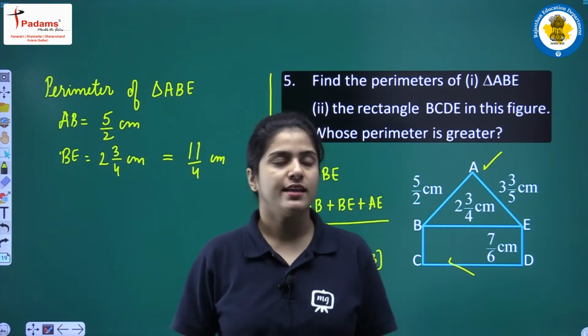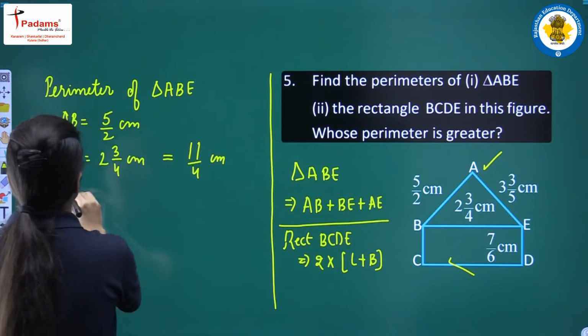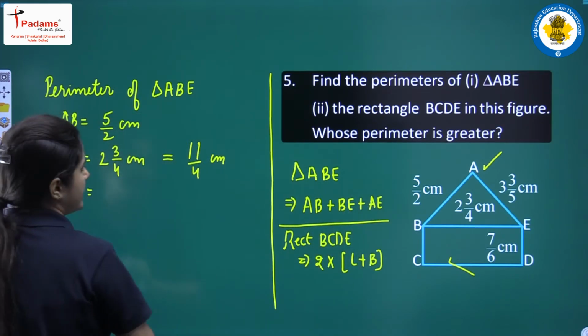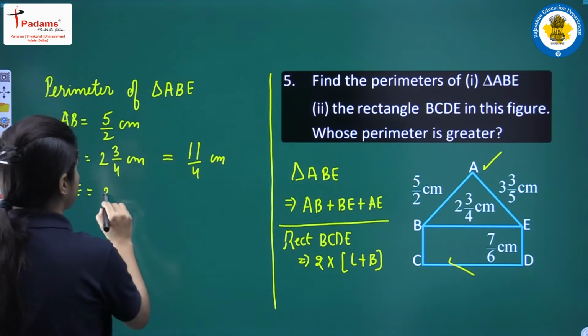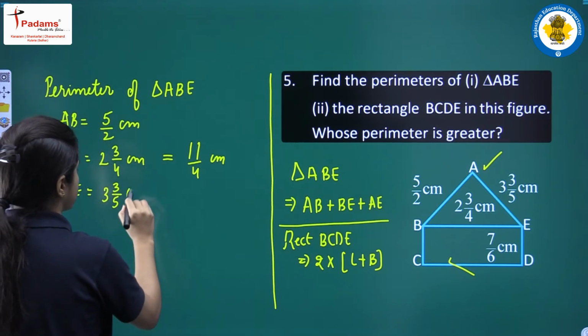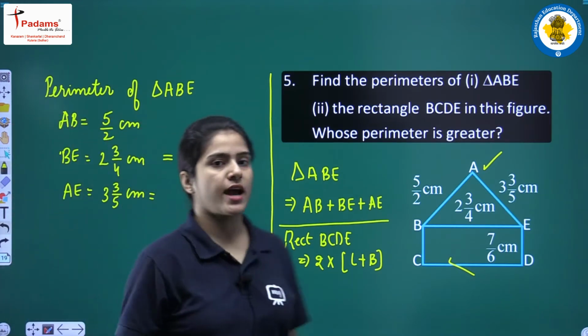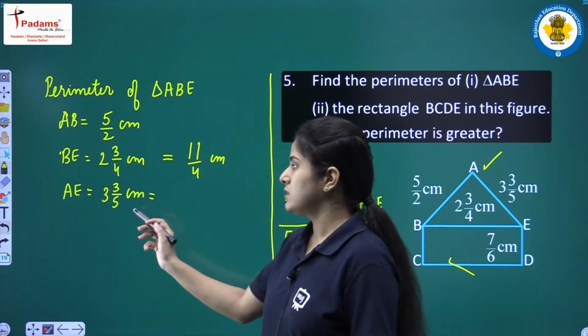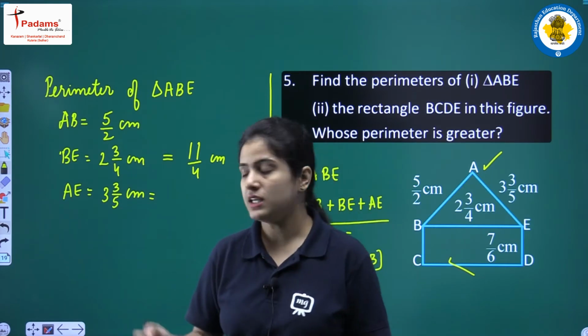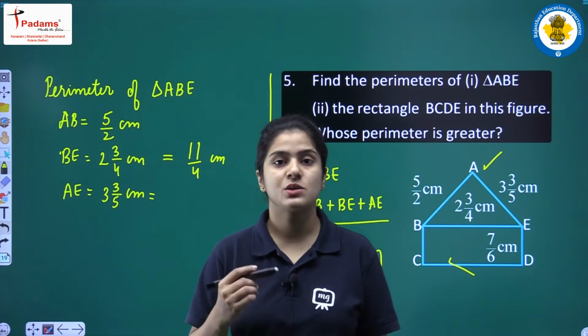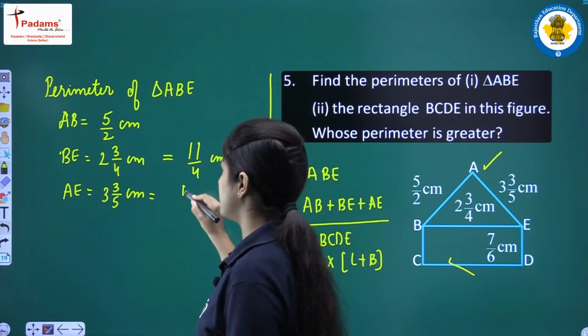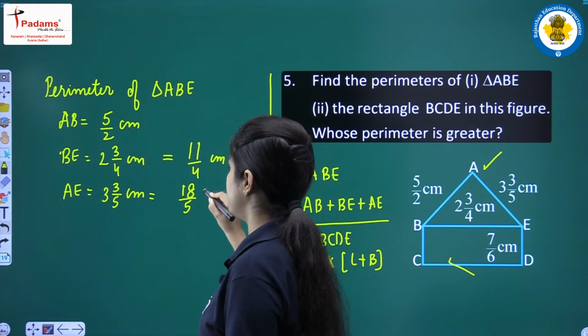Now the third side, side AE, is equal to 3 by 5 centimeters. Convert this mixed fraction into an improper fraction. 3 into 5 is equal to 15, 15 plus 3 is equal to 18. So 18 upon 5 centimeters.